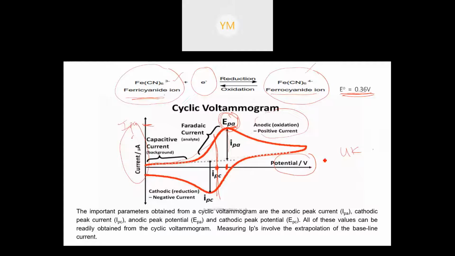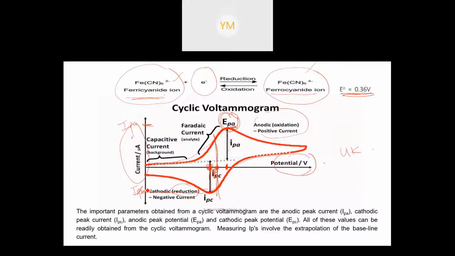So on the reverse scan, the reduction process, this is E, not I. EPC. Here is EPC because this is the cathodic peak. This is E and this is I, IPC.